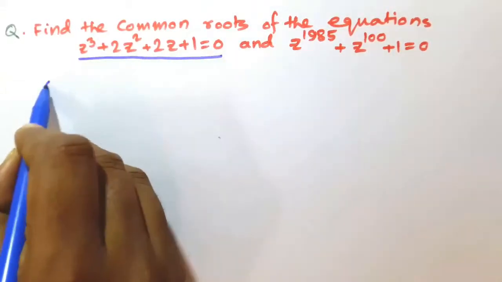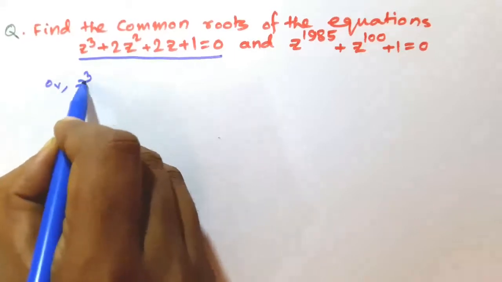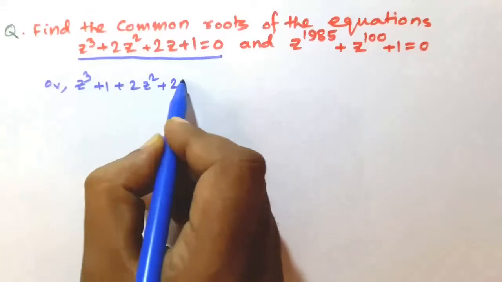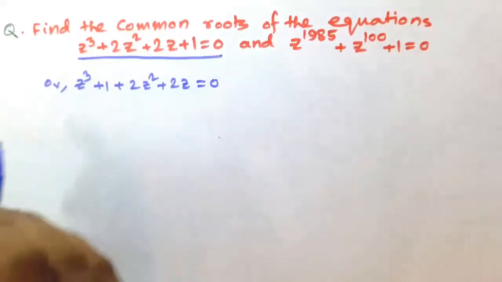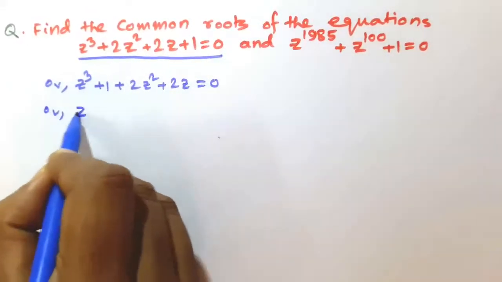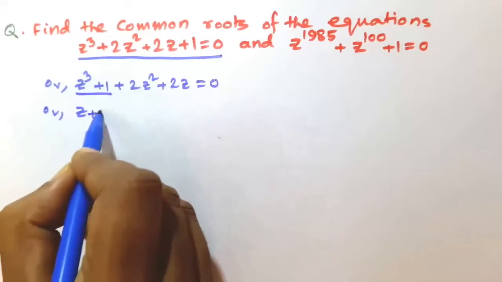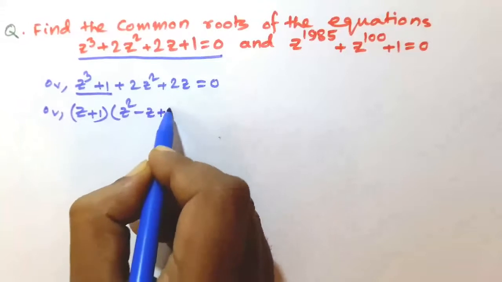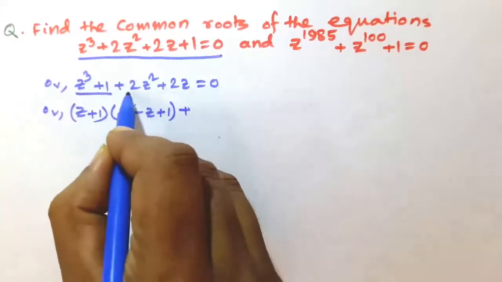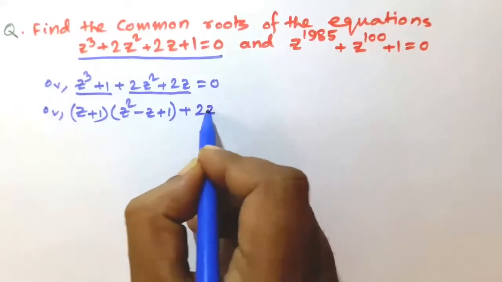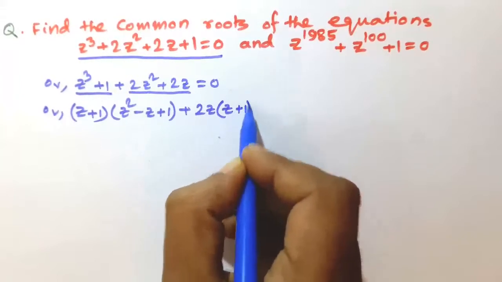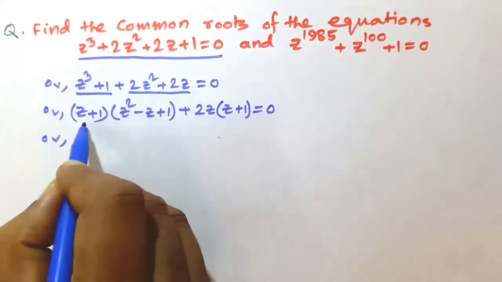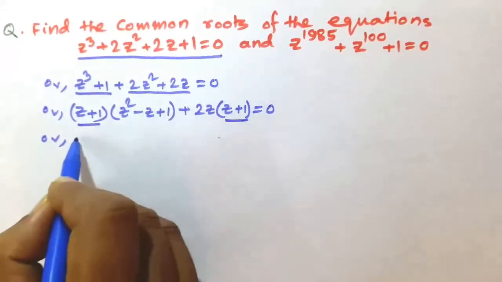or z cube plus 1 plus 2z square plus 2z is equal to 0. From these two, z plus 1 into z square minus z plus 1. From these two, 2z is taken common, z plus 1, so z plus 1 is taken common.